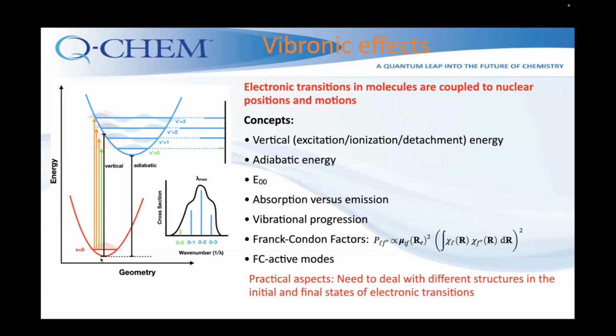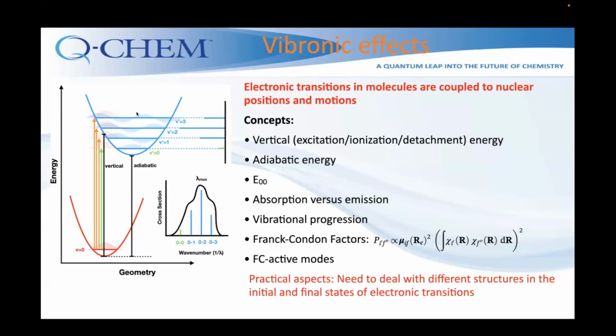We can also talk about vertical emission, the energy difference between the minimum of the excited state of a molecule and the ground state at this geometry. Now, more relevant to spectra are adiabatic energy differences, the energy difference from minimum to minimum. Or even more relevant is E00, the energy difference between zero vibrational levels in the ground and excited states.